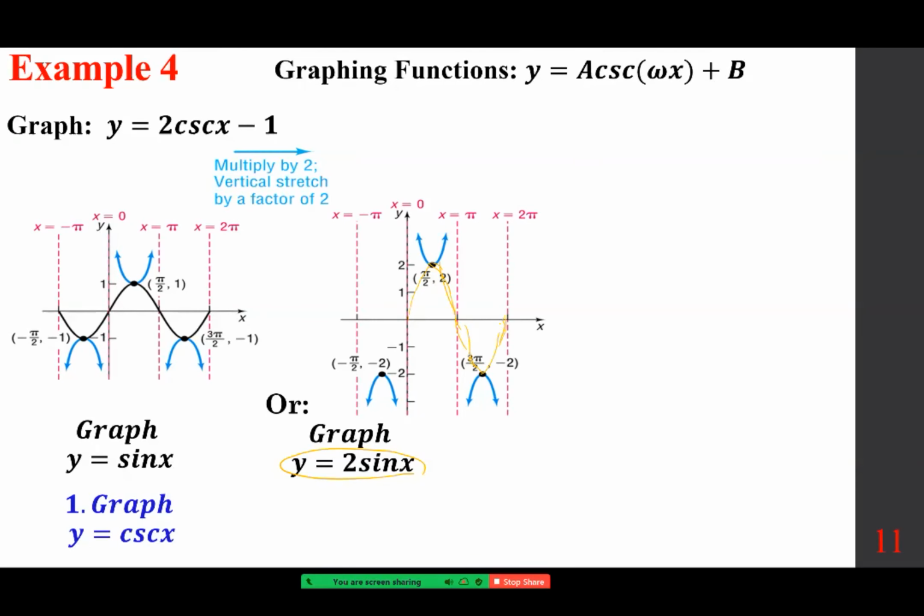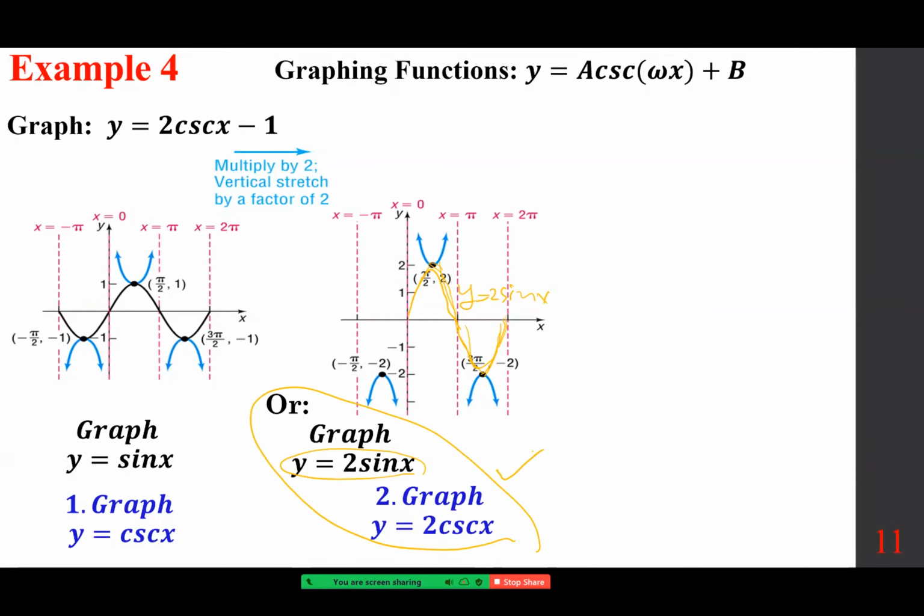Okay, I'm not going to graph the whole thing. This is y equals 2 sine x. I flip it over, and I have the graph of 2 cosecant x. So you may like this methodology better. It's your choice.